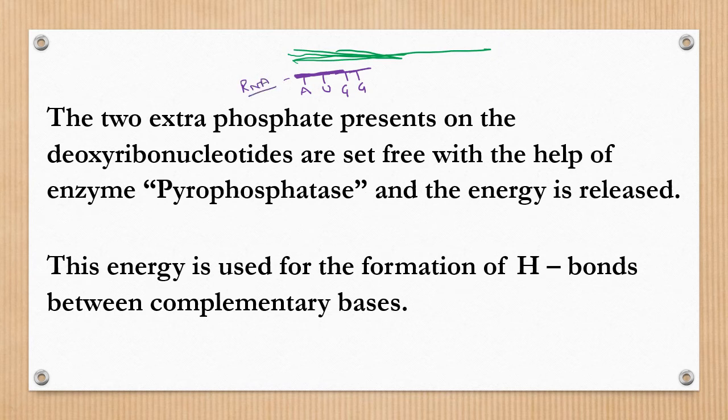Now what happens? It needs to be replaced by deoxyribonucleotides with the appropriate base pairing. Correct. This A bonds with T. And U, that means uracil, bonds with A, and G with C, like this.